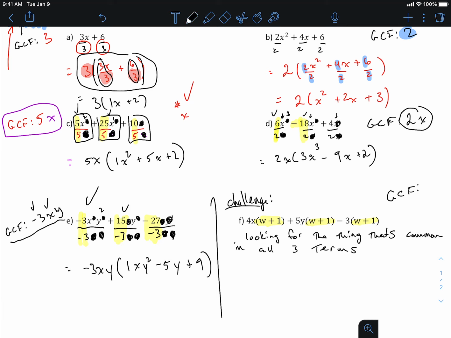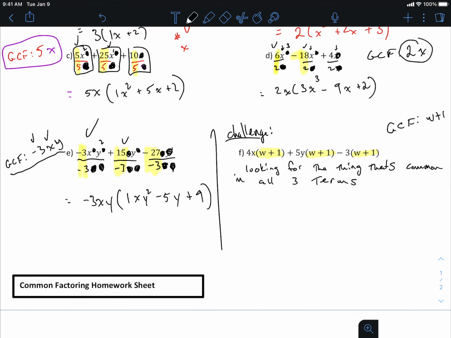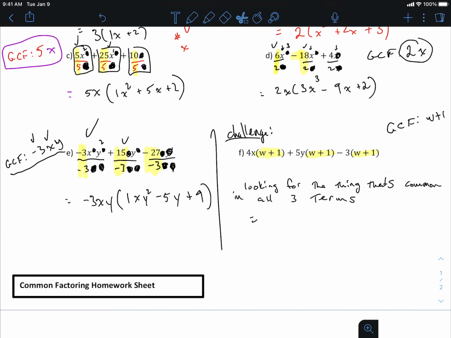So that's fine: w plus 1 is my greatest common factor. What does that mean? If it's your greatest common factor, then you're going to remove it. I'm going to move this down here for a sec so you guys can see something. You're going to write it out front, w plus 1, and then tell me what's left after you remove it.